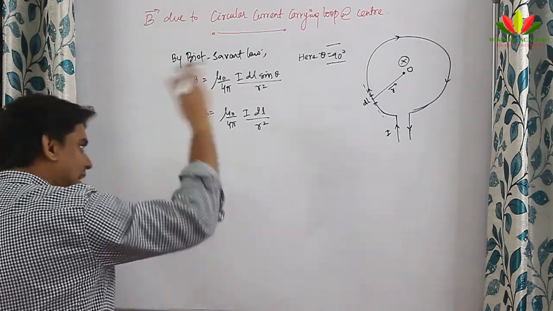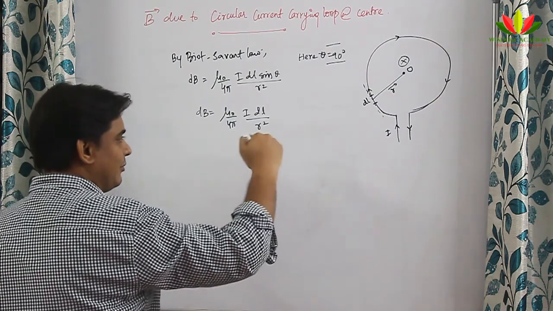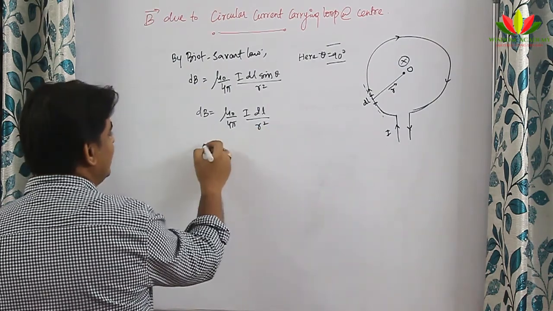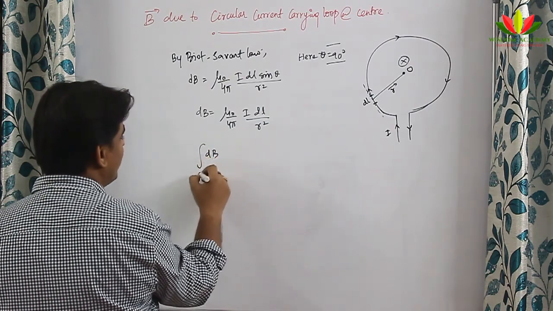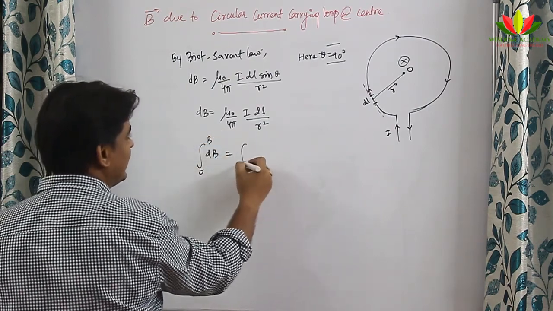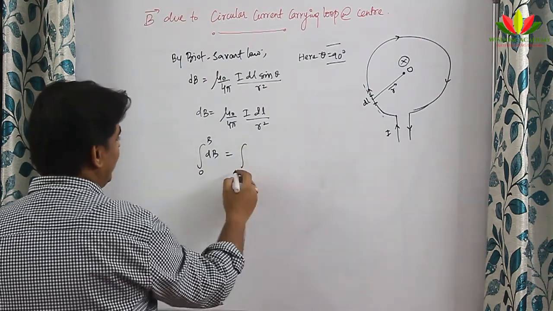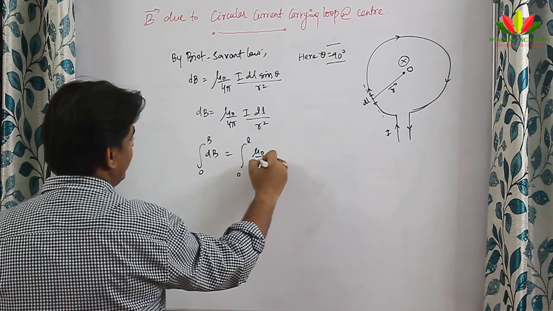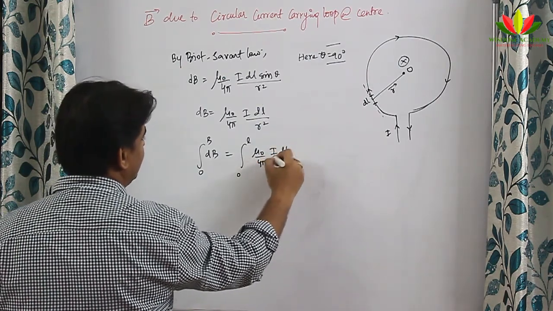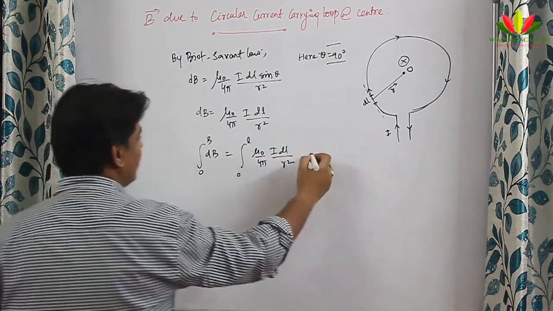For finding the magnetic field for the entire loop, we have to integrate on both sides. So integration of dB will be equal to, here the integration will be for the whole wire, 0 to L of mu naught by 4 pi I dl by r square. All these constants will come outside.